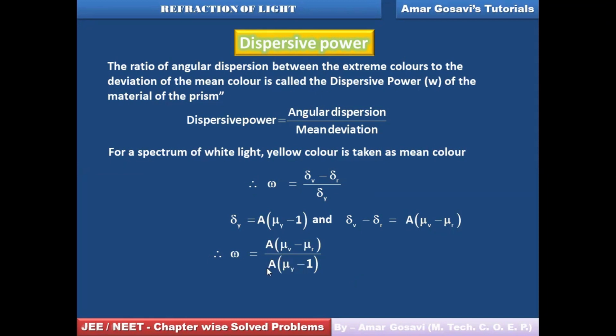So A gets cancelled, and omega finally can be written as mu V minus mu R upon mu yellow minus 1. This is the equation for dispersive power.